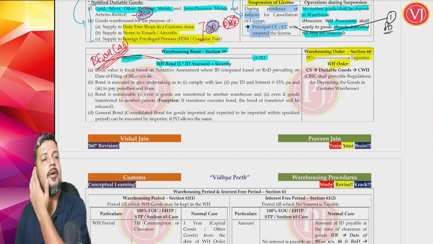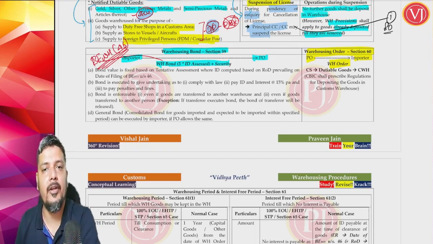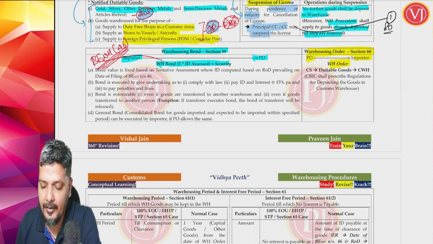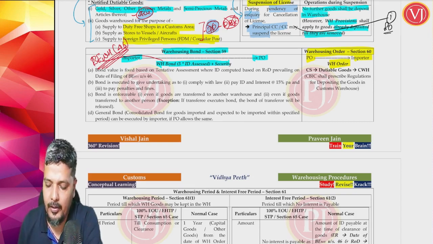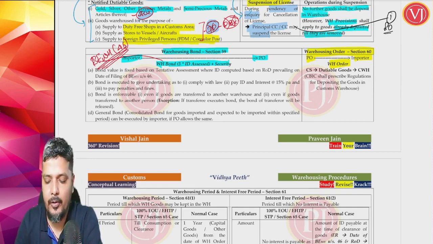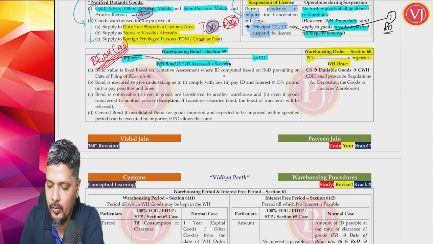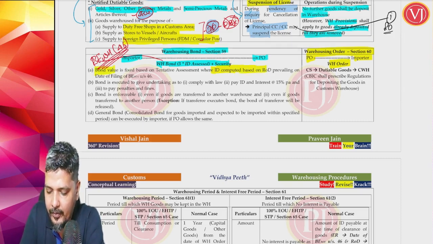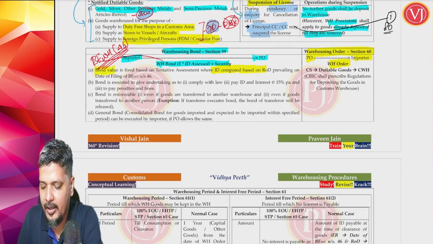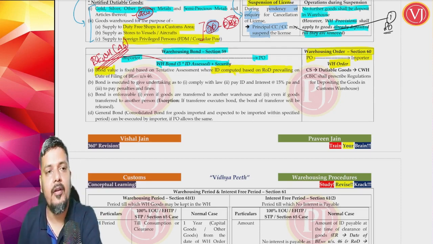Warehousing bond, how much is the value? 3 times the amount of import duty. So whatever import duty is there as of now, you compute that import duty and multiply it by 3 times, give the warehousing bond.